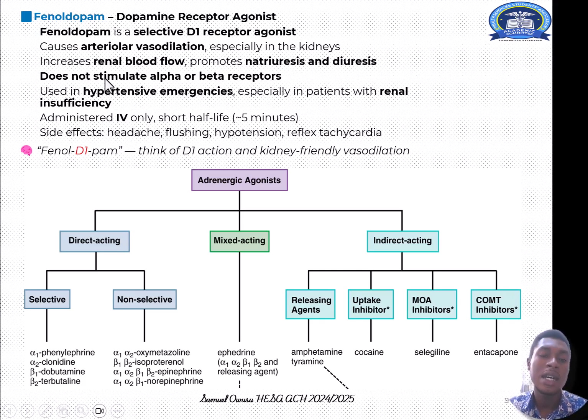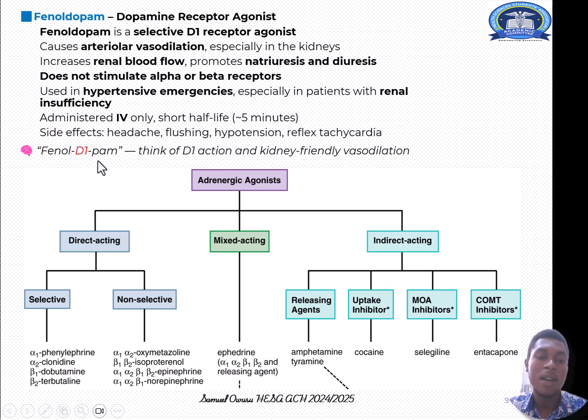Okay, it does not stimulate the alpha or beta receptors. We use it in hypertensive emergencies in some cases, especially with renal insufficiency. We administer it via IV. The side effects are headache, flushing, hypotension, and reflex tachycardia. Fenoldopam is an agent that you want to remember in the exams.